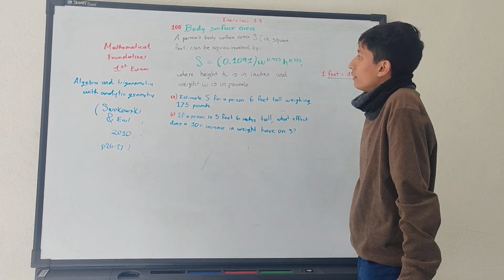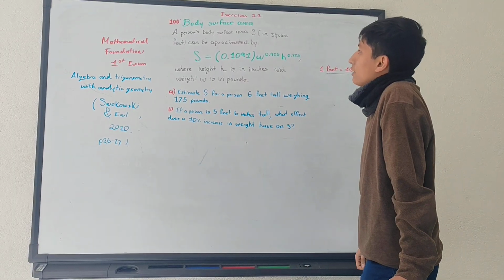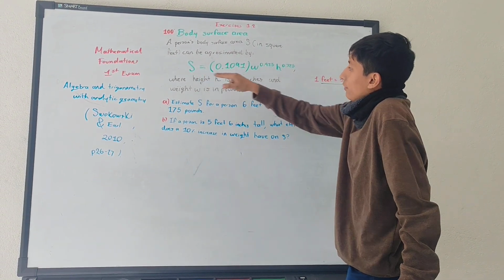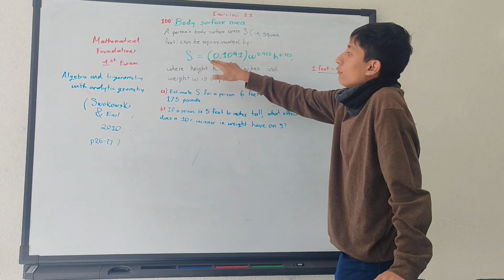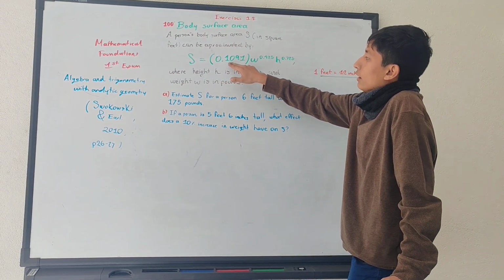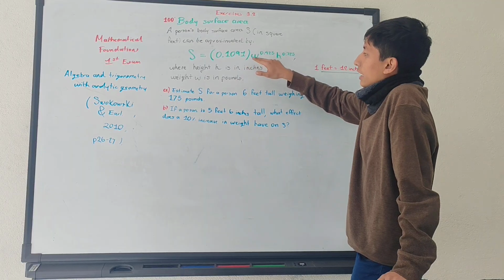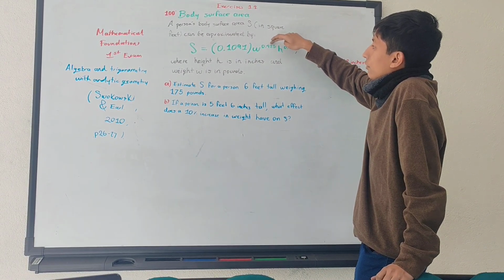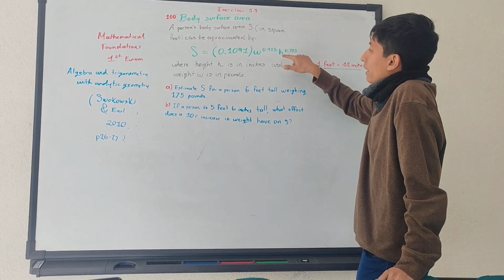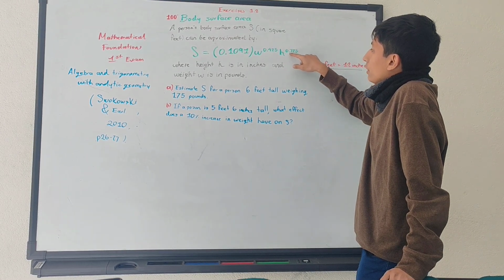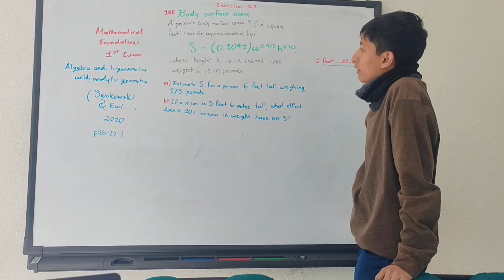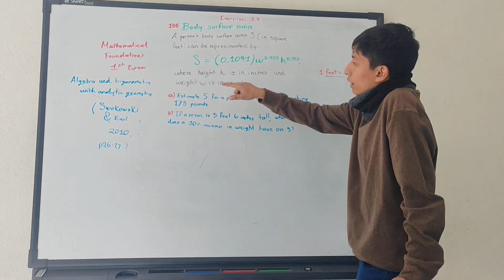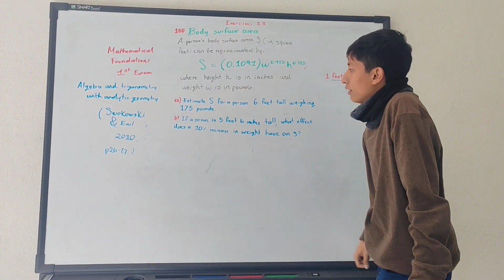A person's body surface area, S, in square feet, can be approximated by this formula: S is equal to 0.1091 times W raised to the 0.425 power times H to the 0.725 power, where height H is in inches and weight W is in pounds.